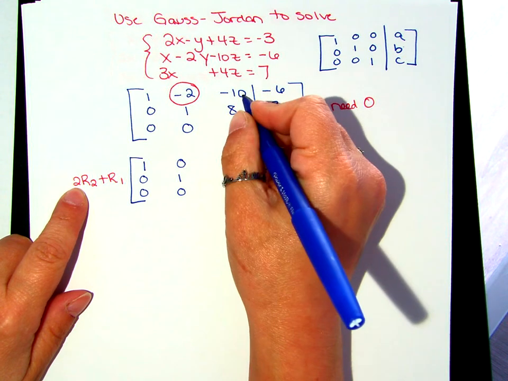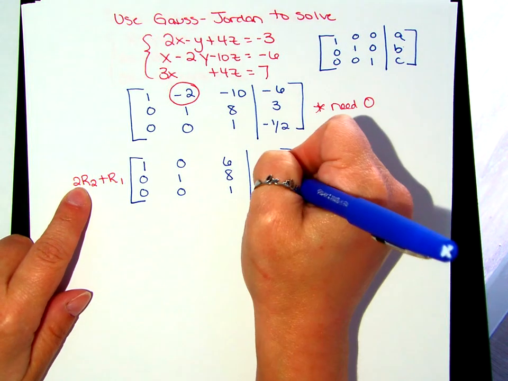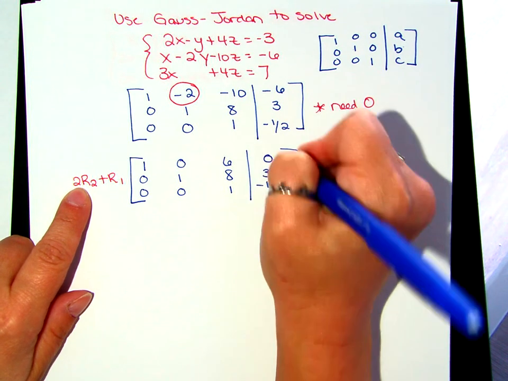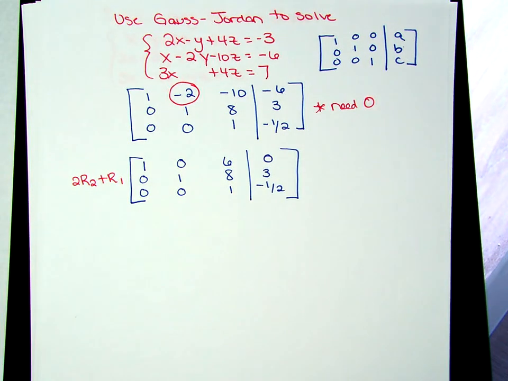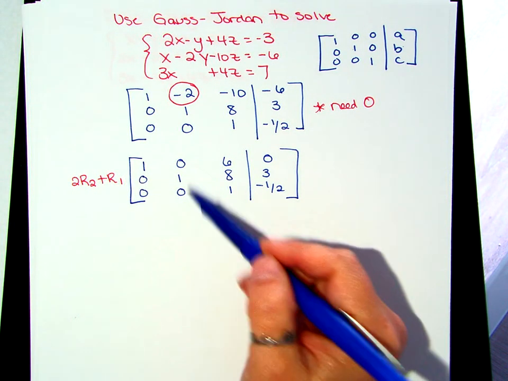I add that to row 1, give me a positive 6. 2 times row 2, give me 6, add that to row 1, I get 0. But now our first 2 columns are all set up for reduced row echelon form. Because we have our diagonal of 1s and we have 0s everywhere else in our first 2 columns.